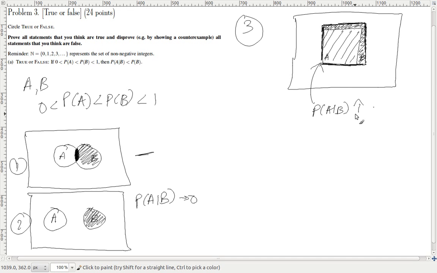So now that I've given you some sort of an intuitive understanding of why this might be a counterexample, let's actually look at a particular case where this is potentially a counterexample. Let's look at a 6-sided die.